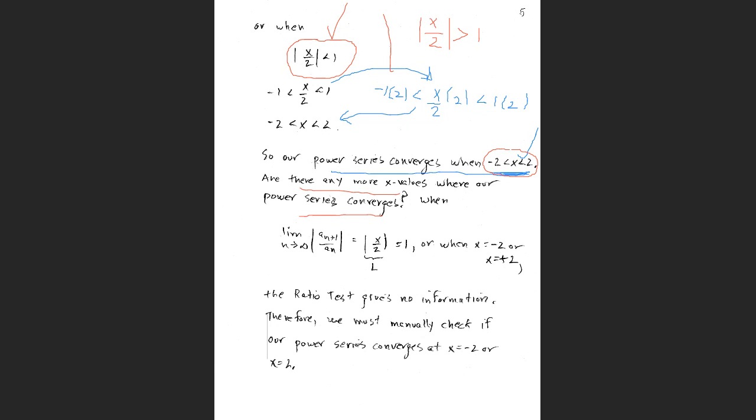For these values of x, which incidentally would be x is greater than 2 or x is less than -2, okay, for those values of x, what is the series going to do?